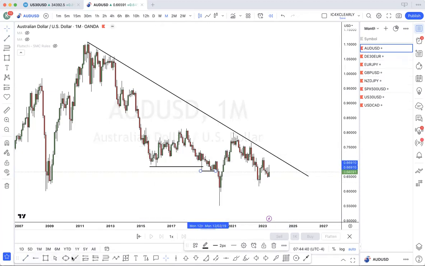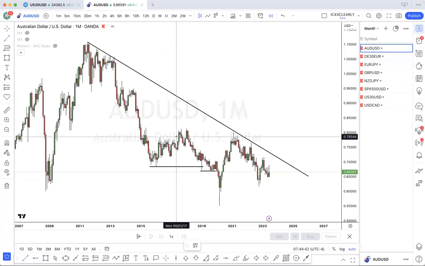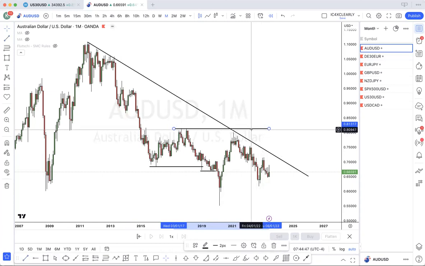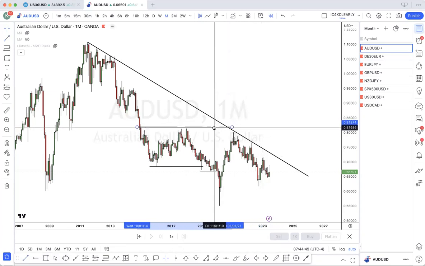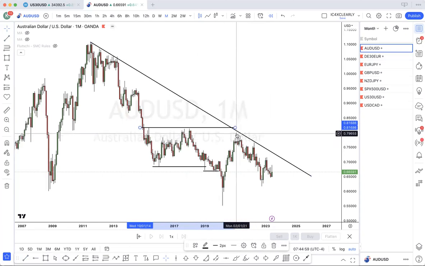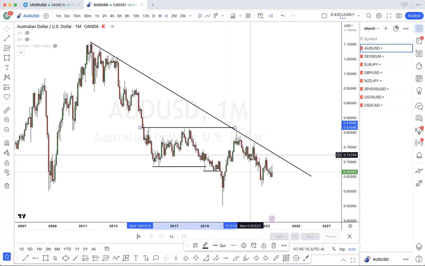Now, price did not break this macro swing high. However, if you look here, there is liquidity here, but price did not break it. So price came up to these highs, came up to the trend line, and then started breaking structure to the downside.